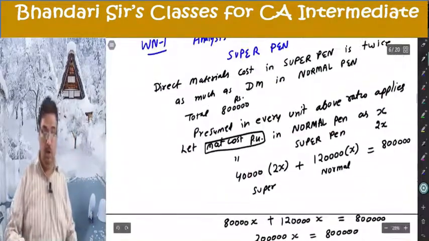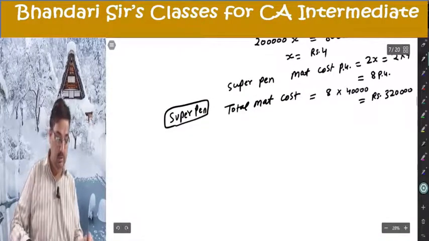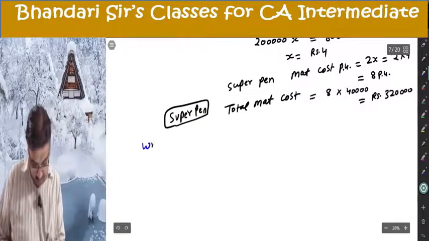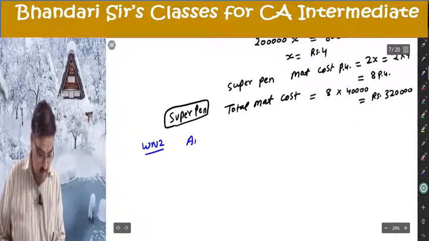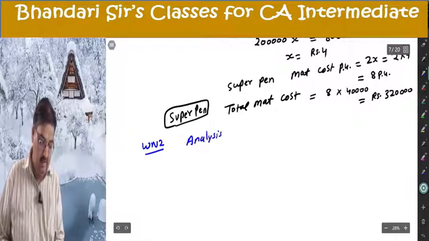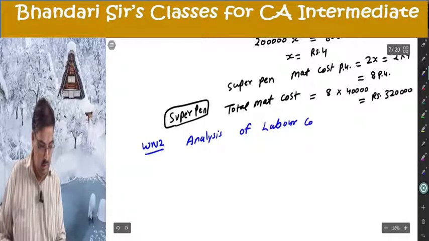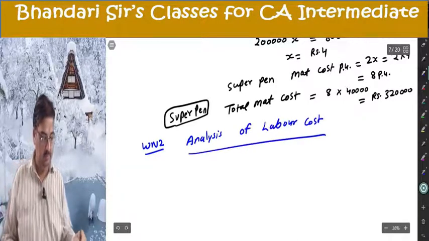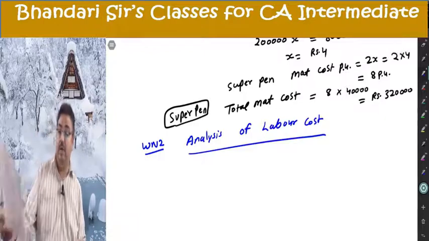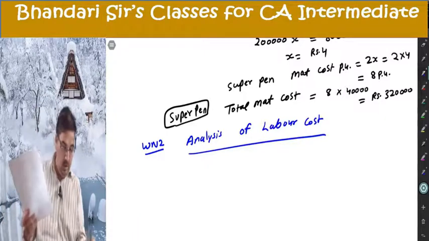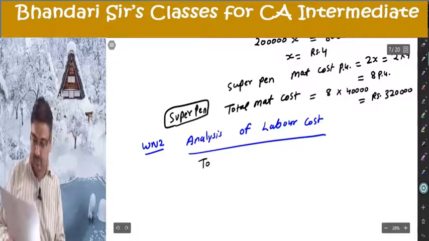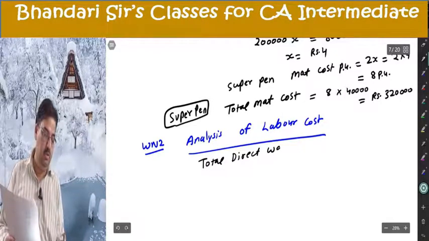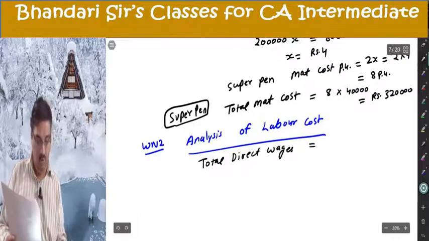So working note number 2 is on labor cost. Analysis of labor cost. Now what is written there? The total labor cost, total direct wages, which is labor cost also, rupees 4,48,000.